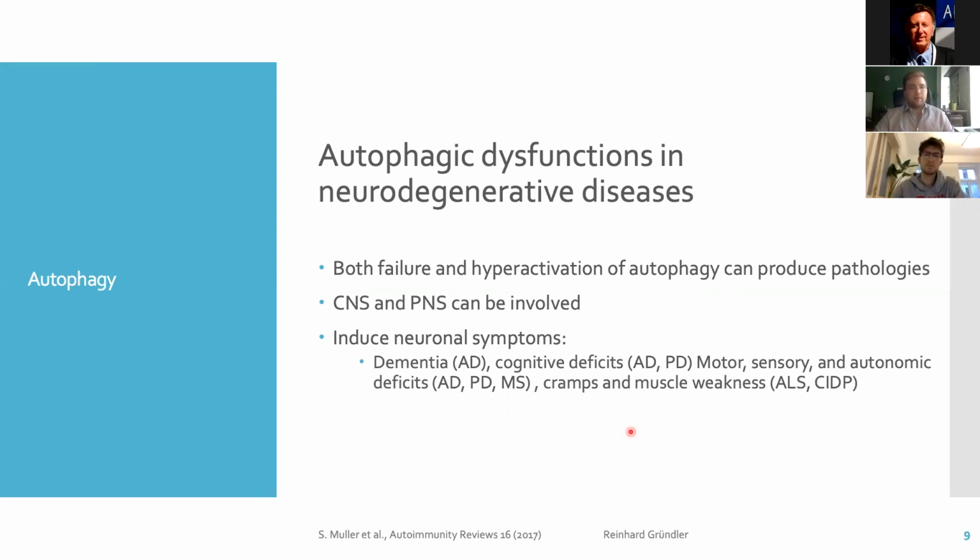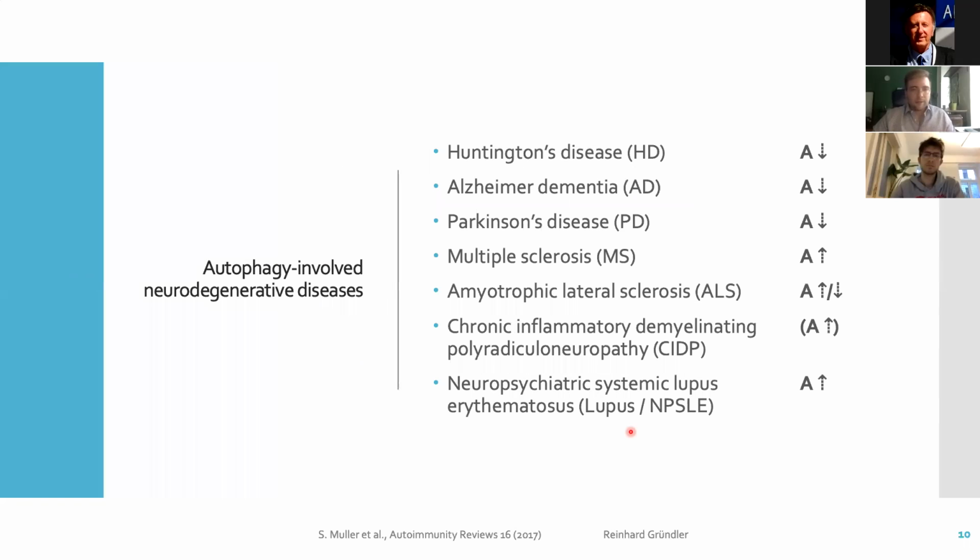Yes, and the neuronal symptoms that are included there are dementia, of course, with Alzheimer, cognitive deficits, as well as sensory and autonomic deficits with multiple sclerosis, and in ALS, also cramps and muscle weakness. All right, so I've talked about the diseases.